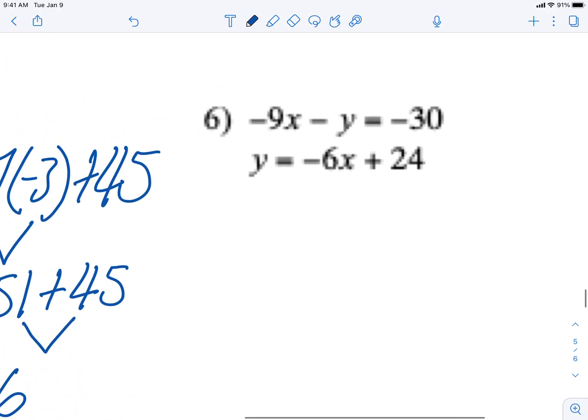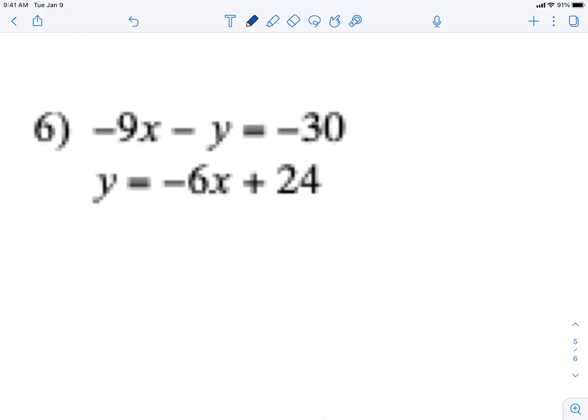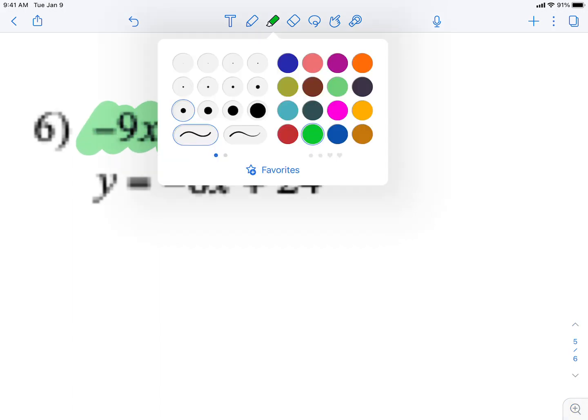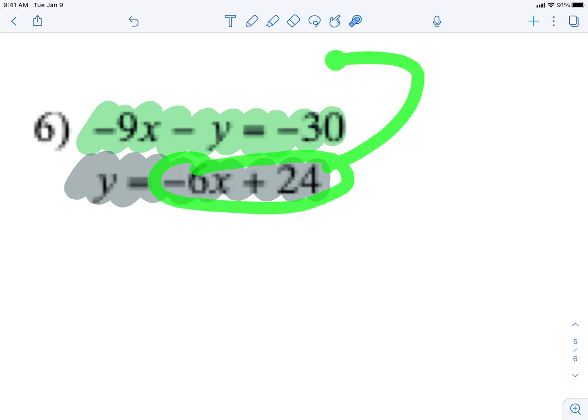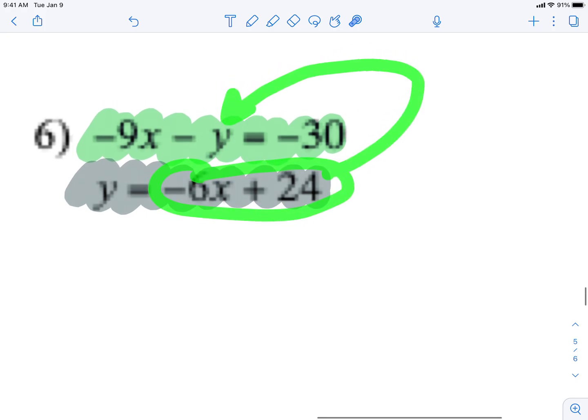All right. Let's take a look at number 6. Highlight first, can't forget. Here's my green equation. Here's my gray equation. So what I'm going to do is plug in this gray equation right here. Y is equal to negative 6x plus 24. Negative 6x plus 24 is going to go right in there.